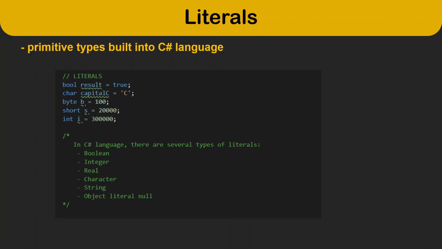We have already met primitive data types, which are special data types built into C#. We can call them also literals. In the C# language, there are several types of literals. As we have mentioned, those are Boolean, integer, real, character, string, and null object.